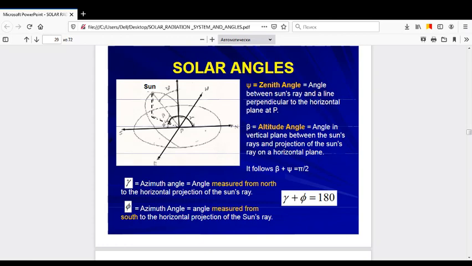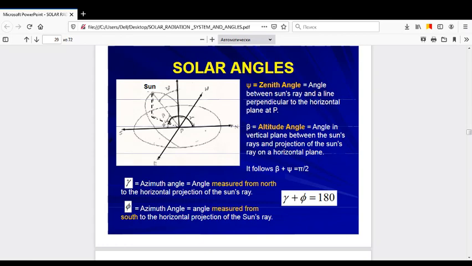It follows beta plus psi is equal to pi by 2. Gamma is the azimuth angle, measured from north to the horizontal projection of the sun rays. Psi is the azimuth angle measured from south to the horizontal projection of the sun. That value is gamma plus psi is equal to 180 degree.